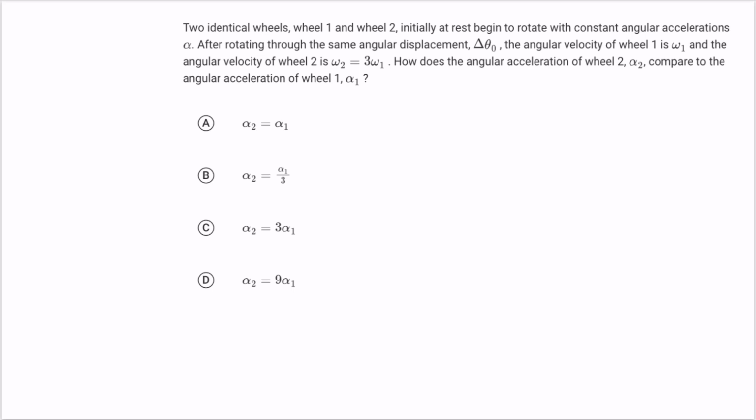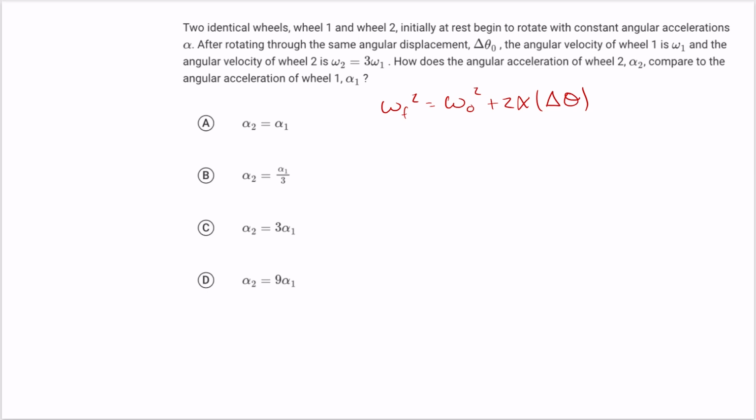So how does the angular acceleration of wheel 2 compare to the angular acceleration of wheel 1? This is actually a pretty fun one to investigate, but to truly investigate it, we need a kinematic relationship that takes into account constant acceleration and uses displacement, acceleration, and angular velocity. The one that comes to mind is omega final squared equals omega initial squared plus 2 times angular acceleration times our change in theta.